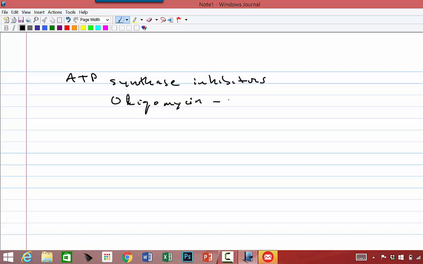The next class that I talked about were the ATP synthase inhibitors, and I'll just go ahead and give you a couple of examples of those. One is called oligomycin, and that inhibits the F1 portion.